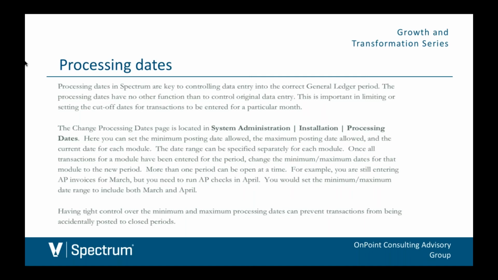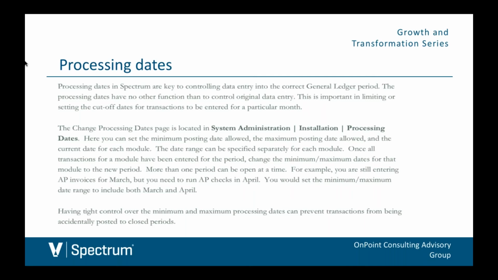You can set the minimum and maximum posting dates. It also has a current date, and the current date cannot be further or newer than the maximum date for that particular module.